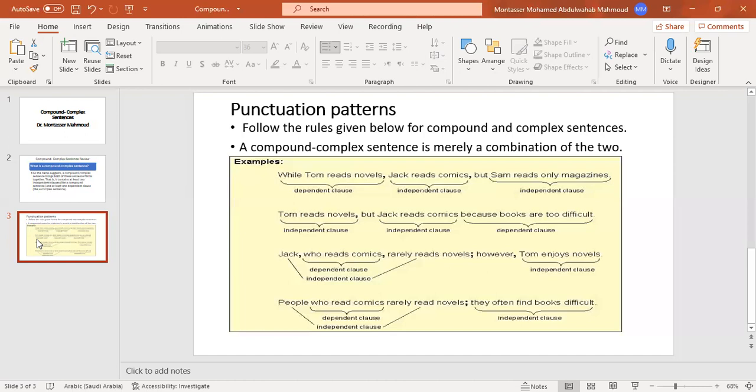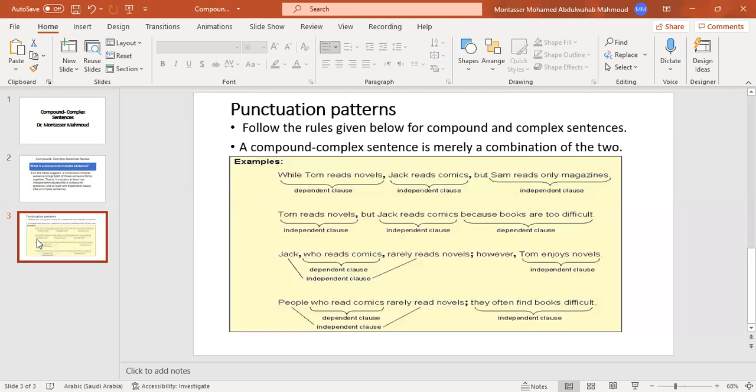When I try to connect an independent clause with another independent clause by using a coordinating connector, which is but here, I have to use a comma after the first independent clause. And we call this form compound sentences. The last clause here, because books are too difficult. Here, we have a subject, books, and a verb, are.